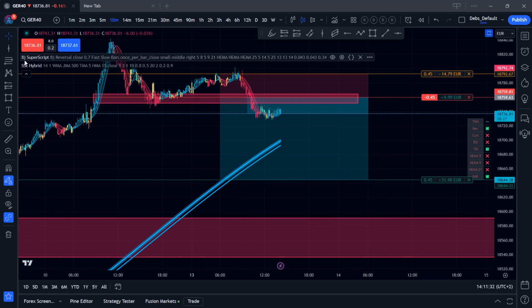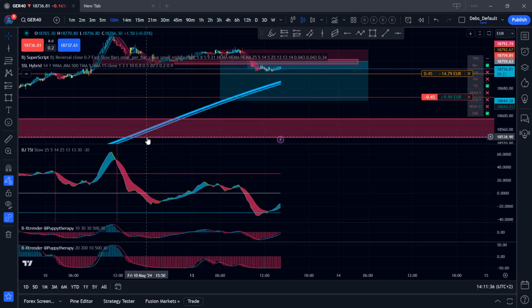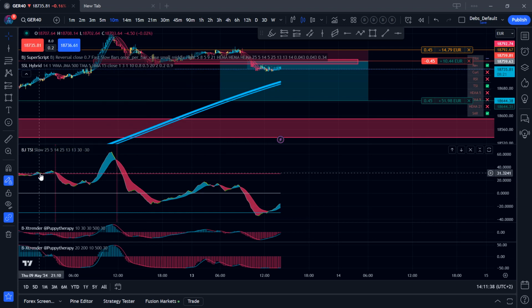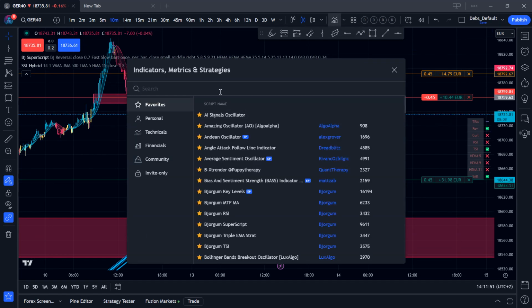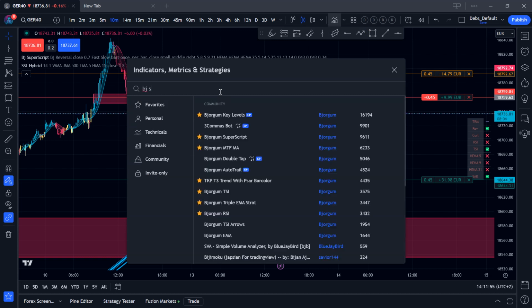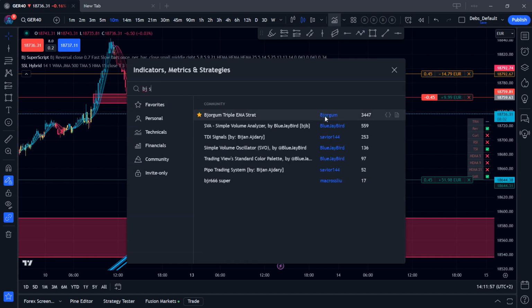The first is gonna be the BJ superscript, the SSL hybrid, the BJ TSI, and the BX trender. You're gonna need 2 BX trenders. Okay, I'm gonna explain later why. And you can find them on the indicators tab by just searching for the BJ superscript, and it's by Borgum.